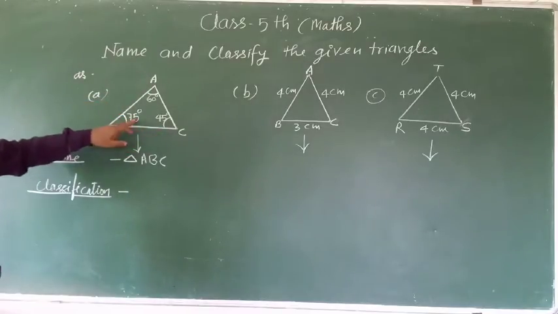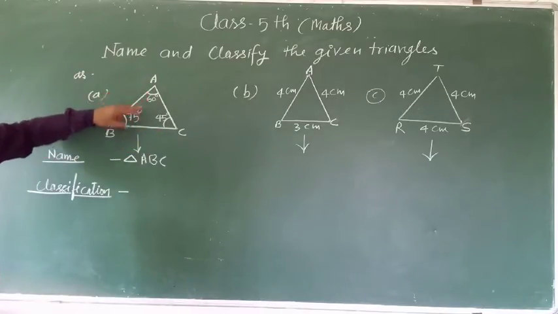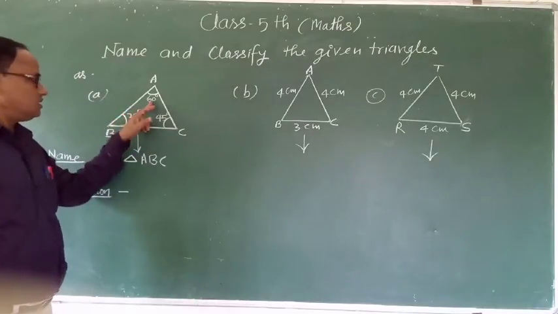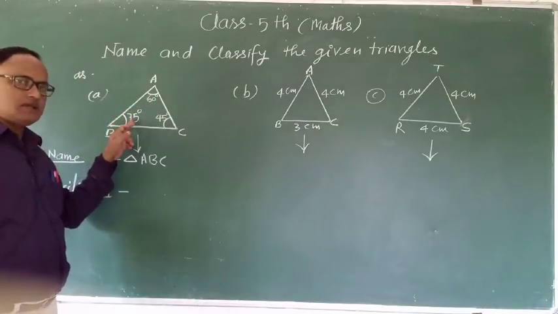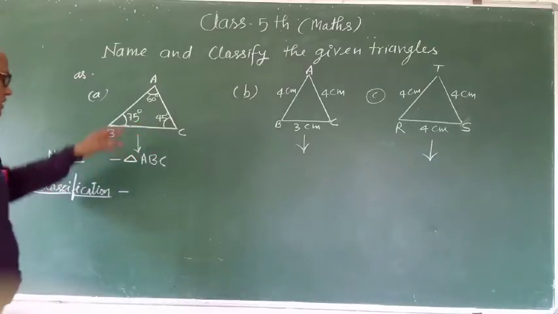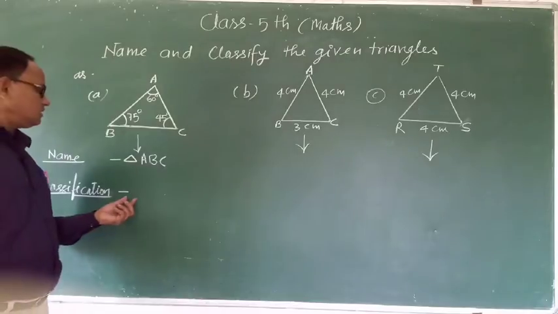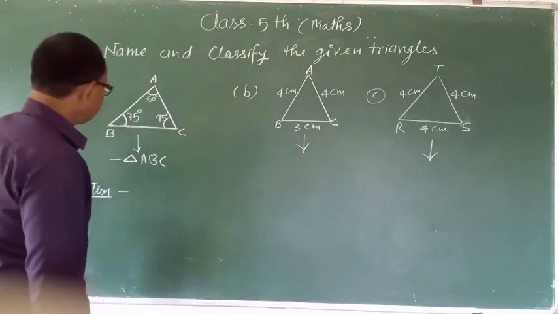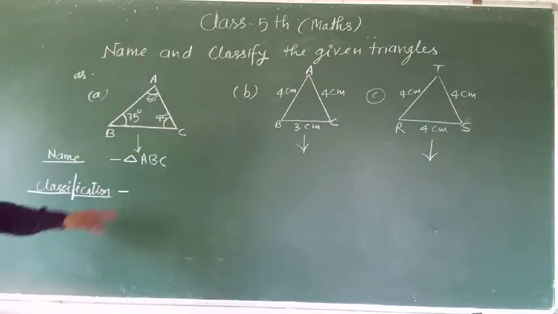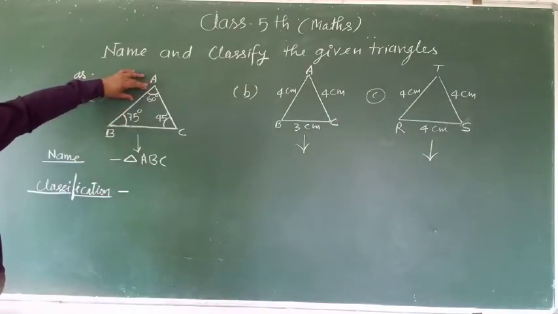Classification of triangle ABC on the basis of angles: all angles are less than 90 degrees. 60 is less than 90 degrees, 75 is less than 90 degrees, 45 is less than 90 degrees. Then triangle ABC is an acute triangle, and it is scalene.